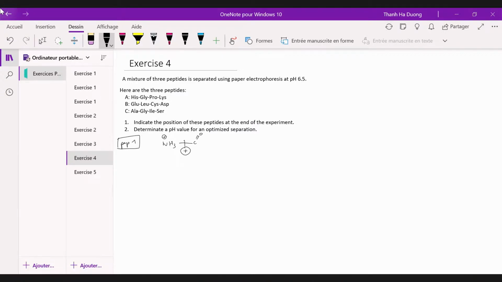Be careful, the acid group of histidine is not protonated anymore because it's involved in the peptide bond. After that you have glycine, with no charge. After that, you have choline, so it's a ring.